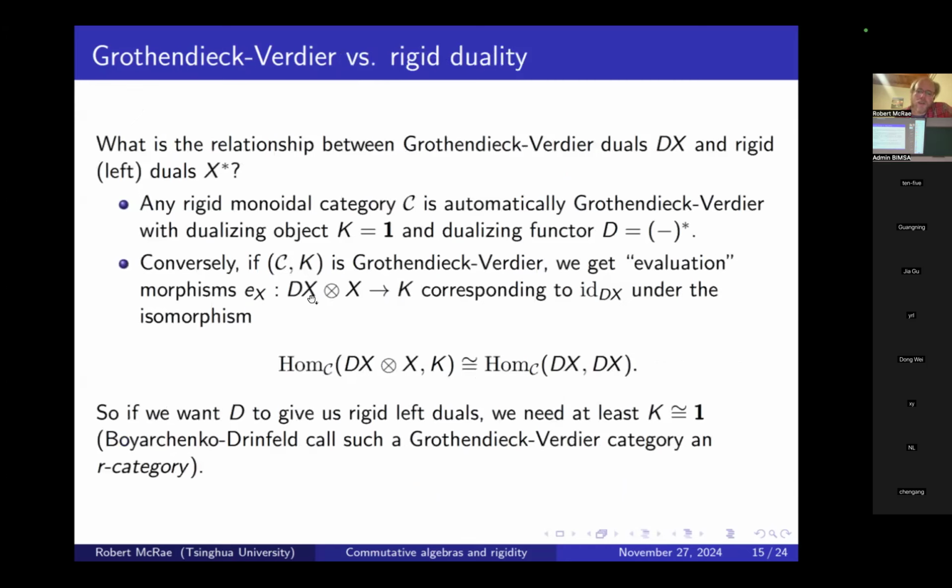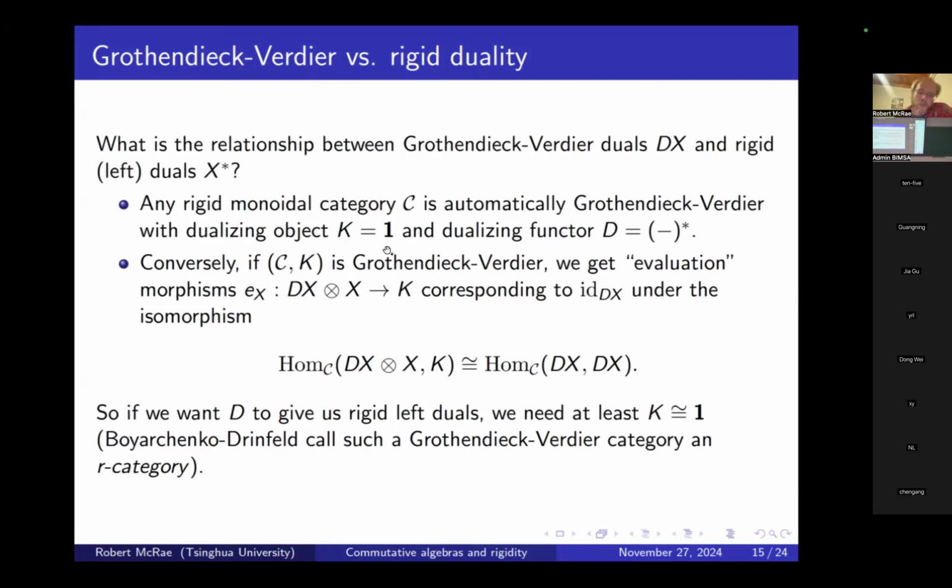Conversely, if you have a Grothendieck-Verdier category, then there is a way to get some kind of evaluation morphism, which I call e_X, going from DX tensor X to the dualizing object K, and it's the one that corresponds to the identity of DX under this natural isomorphism here. So you get some kind of evaluation, but it goes to the dualizing object, it doesn't go to the unit object necessarily, unless K is equal to 1.